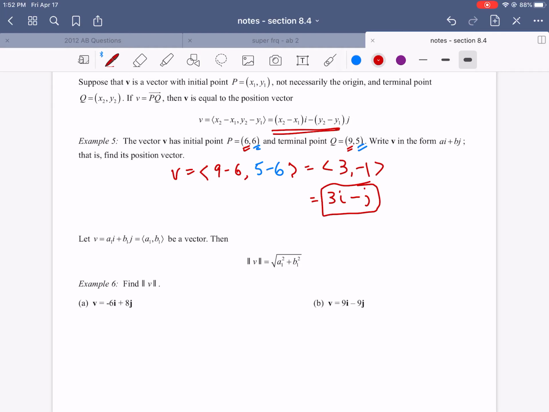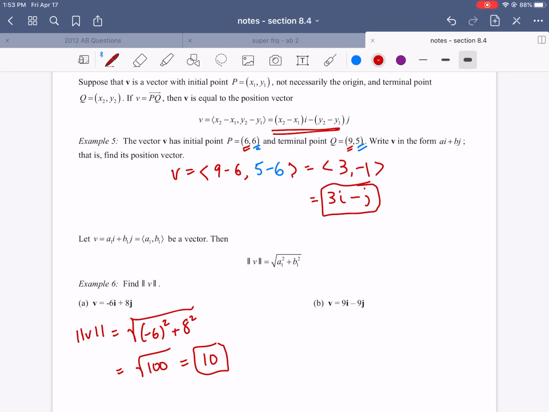So in letter A, if I want to find the magnitude of vector v, then this is going to equal the square root of the first component squared plus the second component squared. And calculating the number under that square root is going to give me 100. And of course, I know that the square root of 100 is equal to 10.